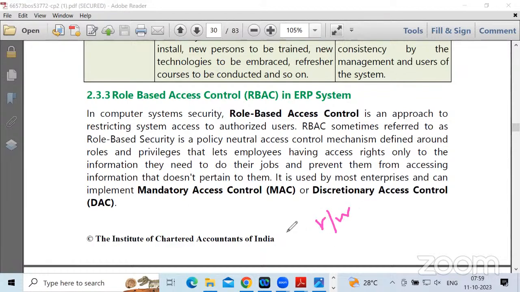Who? The accounts manager. Now the accounts manager is, let us say, John Kennedy. Now suddenly John Kennedy resigns. Some other person, let us say Suresh or Gerald, comes in. Now that person will be given the same read and write. Irrespective of the person who is occupying the position, the role-based access control is working.